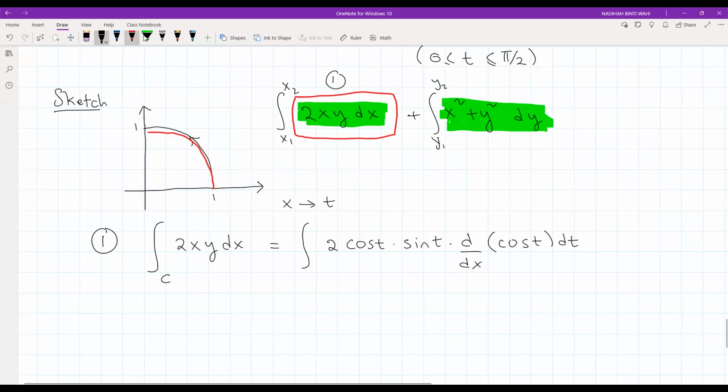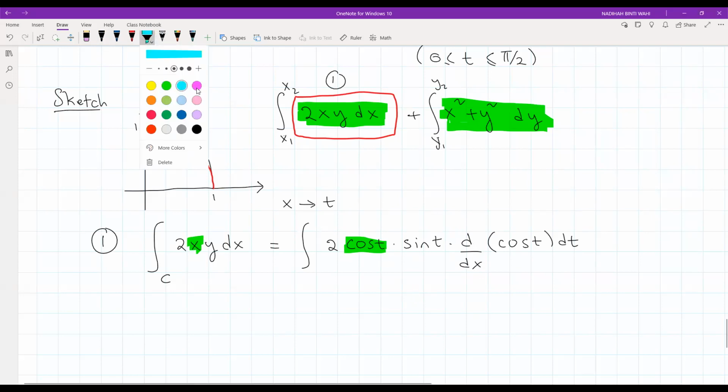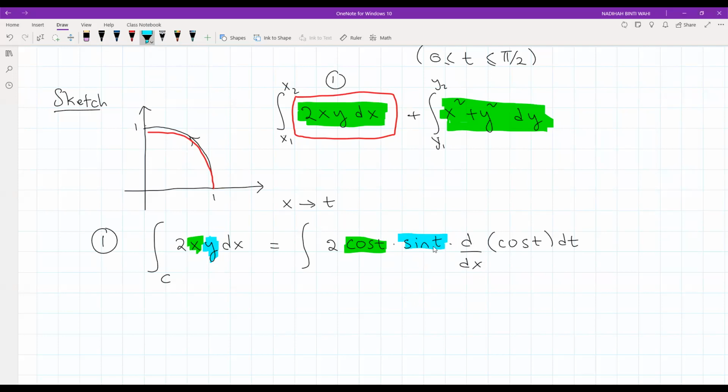So the only thing that I do is this is x, this is x, and this is y, this is y. Lastly, this is dx. So this is the dx.